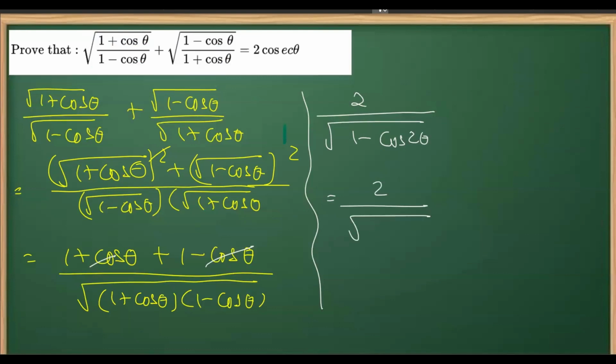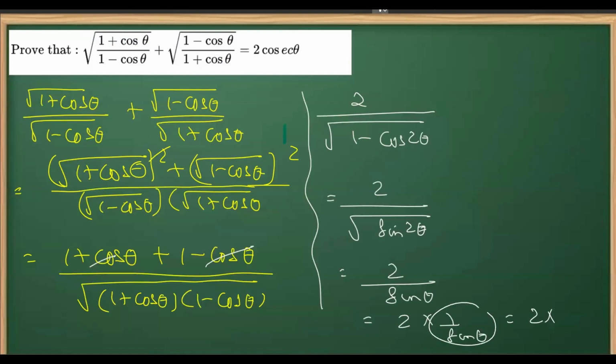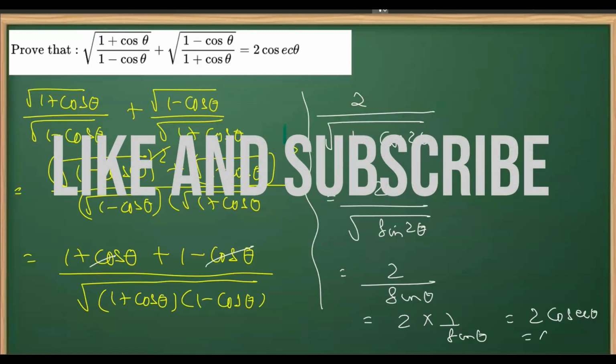The square and under root get cancelled and we get sine theta. So this is 2 multiplied by 1 over sine theta, and 1 over sine theta is cosec theta, as cosec is the reciprocal of sine. So we get 2 cosec theta, which is equal to the RHS.